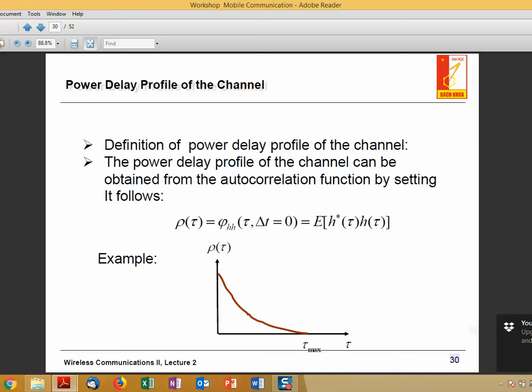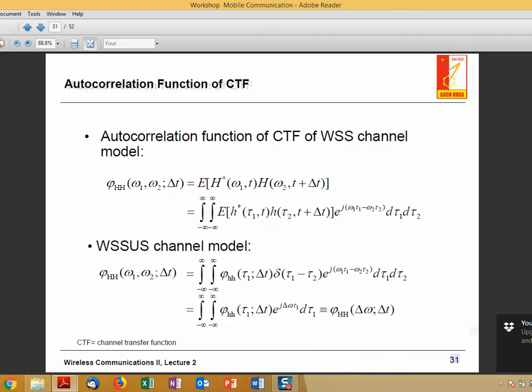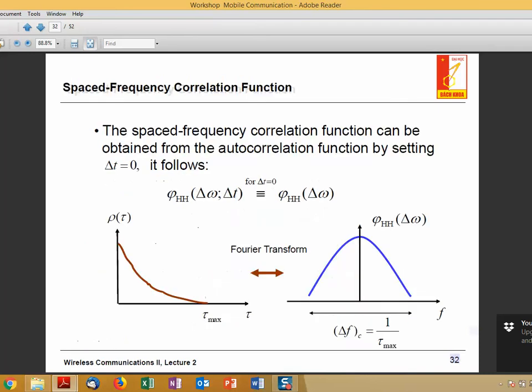That is the channel delay profile. I think it's a little bit heavy, but I try to help you to understand.